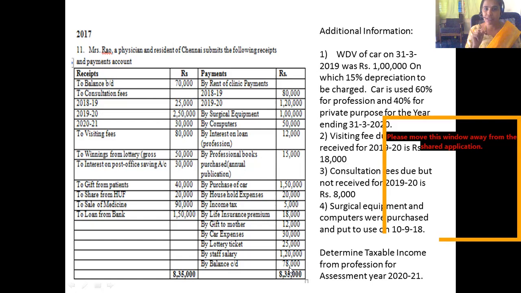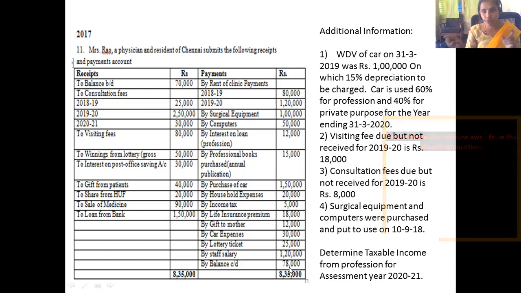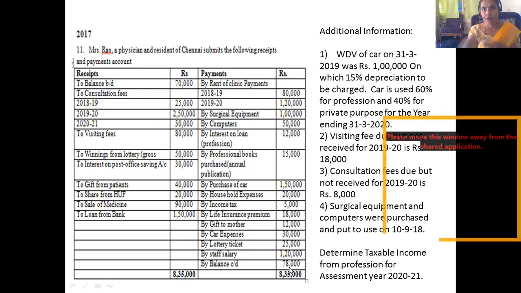So in case of surgical equipment, it is 15%. I told you while discussing income from business that the asset should have been used for 180 days or more. So here, if the asset is purchased between 1/4/2019 and 2nd October 2019, we consider it as completing 180 days.